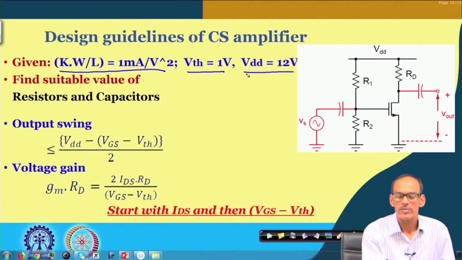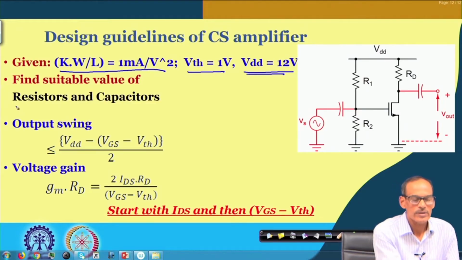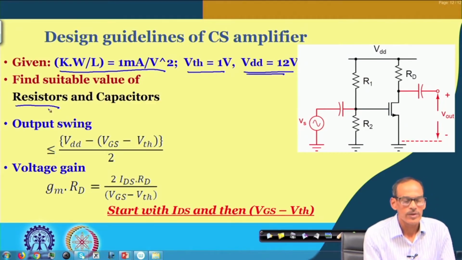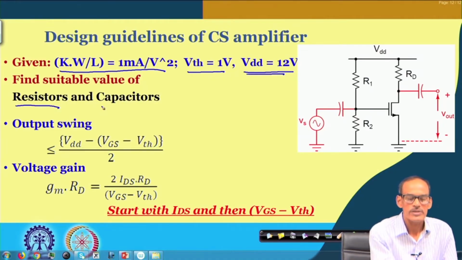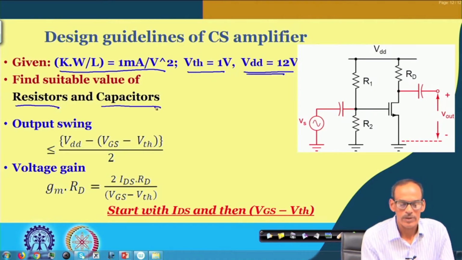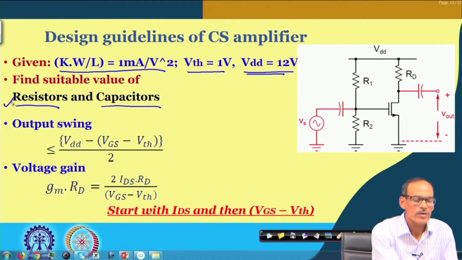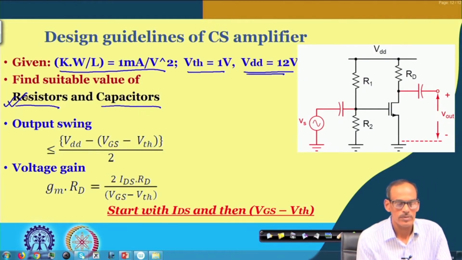The supply voltage is given to us, and we need to find the values of resistors and capacitors. The values of the capacitors may be obtained when we talk about frequency response, but primarily we will be finding the method or procedure to find the values of the resistors.